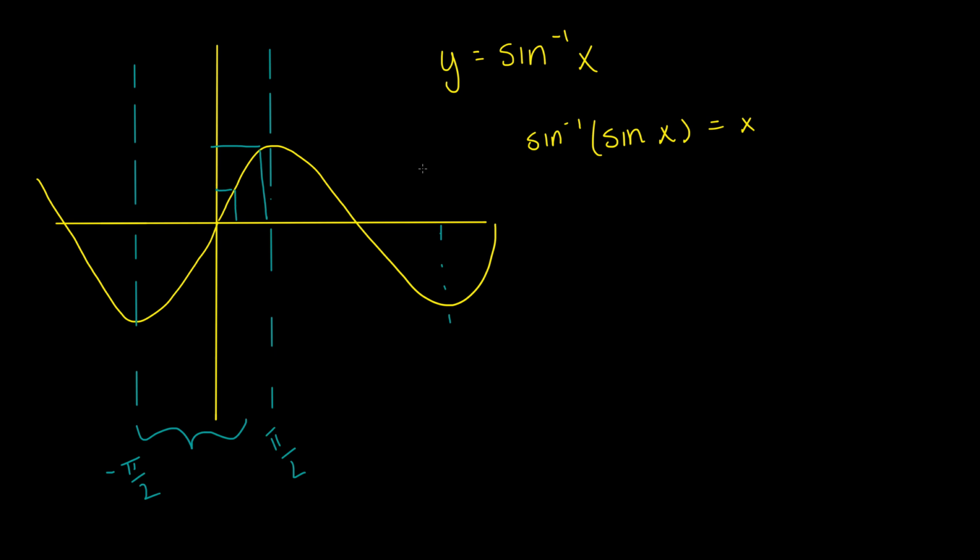So let's say that I'm looking at the inverse here. This is 1, 0. If I'm looking at the inverse, 1, 0, negative 1, 0, that means we're going to be at negative 1 and 0 here, and then this is 1, 0 here. This is not a 1, but basically you get the point.